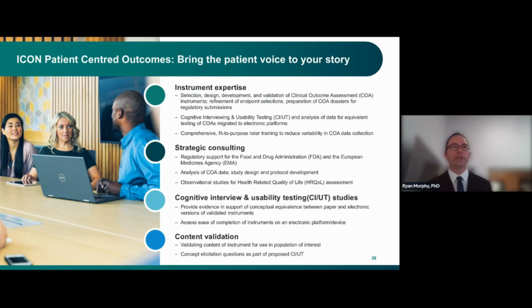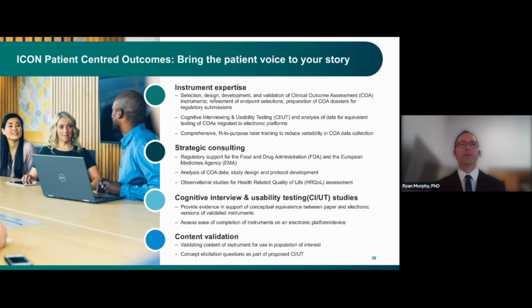So whether this is through instrument expertise, the three presenters here today are all within the PCO group, where we help with selection, design, development of new COA measures as necessary, which Kelly discussed earlier, the methodology behind that, the refinement of these endpoint selections, and preparing COA dossiers for regulatory submissions.